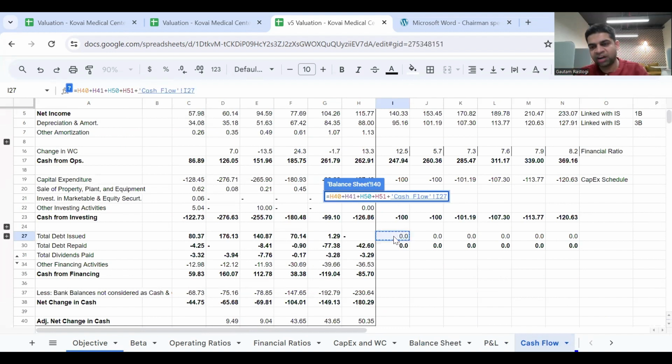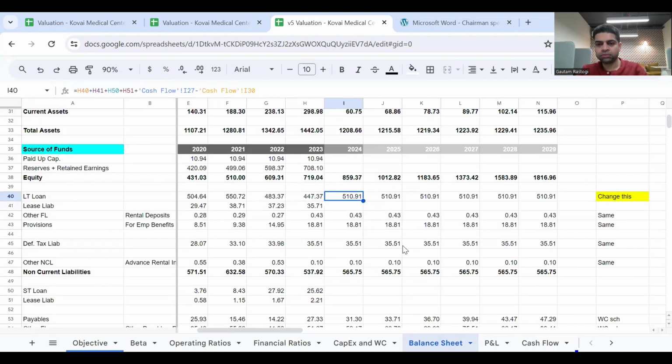If debt is issued, it would be added. If debt is repaid, then this item here, cell I30, would be removed from the books. So that's why we are doing this. Pause this video if in case you need to go over it again. This is important, right?